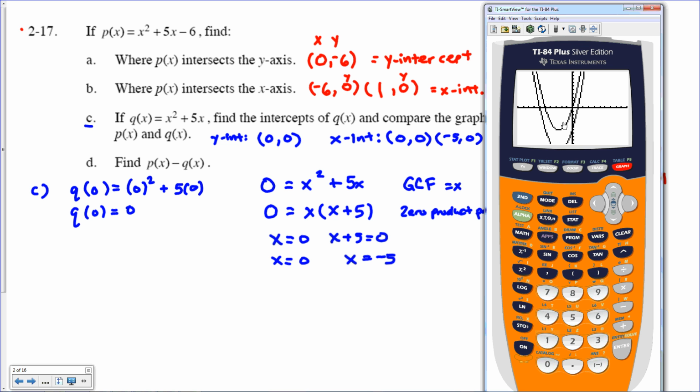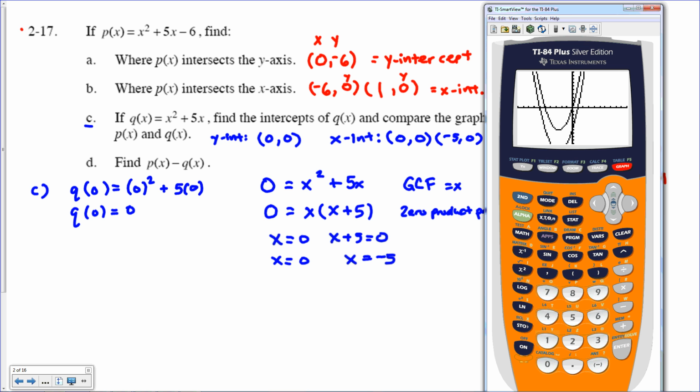So we see it crosses the x-axis at 0, 0 and at -5, 0. And you can also see that on the table. When we're at -5, we're at 0 as our output, and at 0, we're at 0 as our output. And then our y-intercept there is also that same point. It crosses right through the origin. So that's an x and a y-intercept.